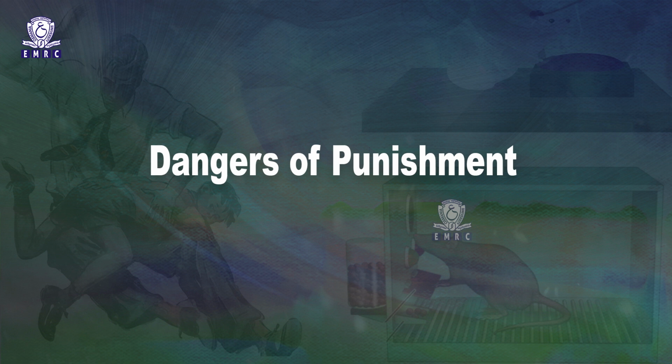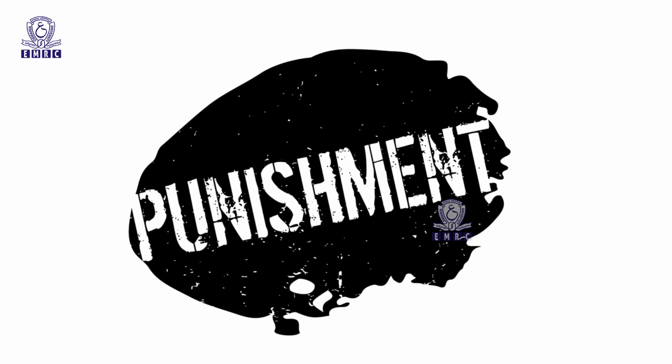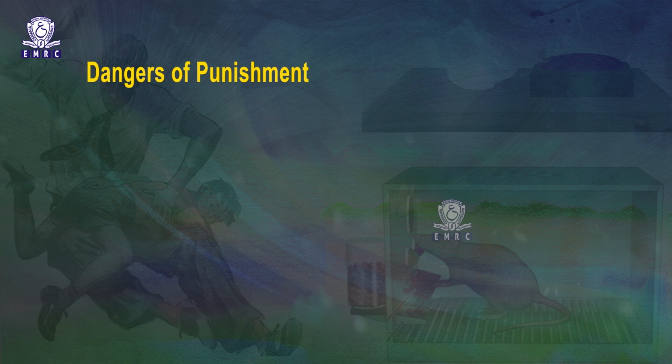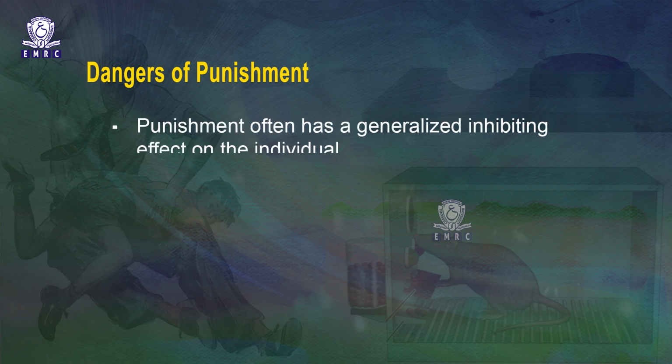Dangers of punishment. 5 dangers are inherent in punishment. 1. The use of punishment is often reinforcing to the punisher. 2. Punishment often has a generalized inhibiting effect on the individual.